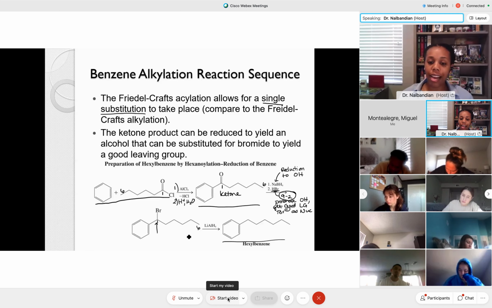So then with our halogen, we can add in lithium aluminum hydride, or LAH. We use sodium borohydride, a hydride equivalent, to do that reduction. Lithium aluminum hydride is also a hydride equivalent. Remember what hydride is? Hydrogen with 2 electrons on it, with a lone pair, with a negative charge.